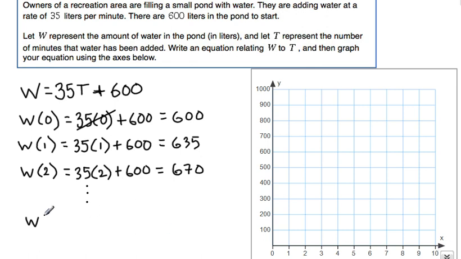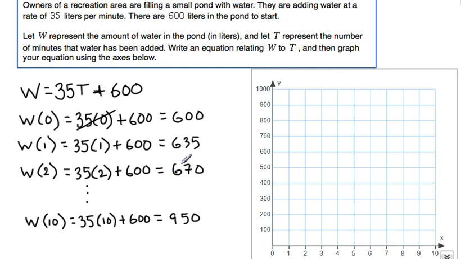So we're going to do W of 10. It's a linear equation, so it keeps going up by the same amount. And we're going to do 35 times 10 plus 600. 35 times 10 is 350. 350 plus 600 is 950.